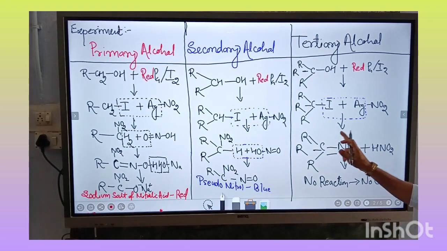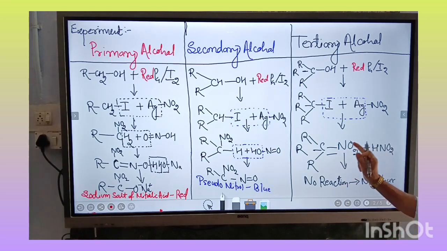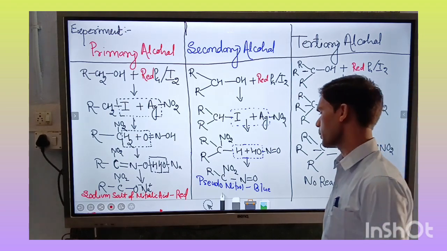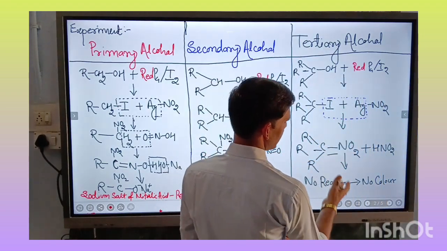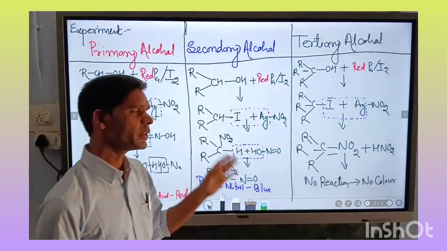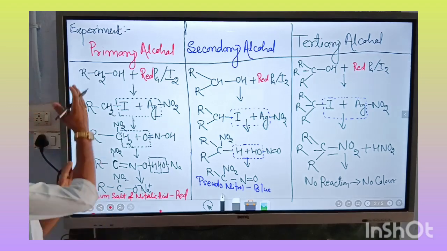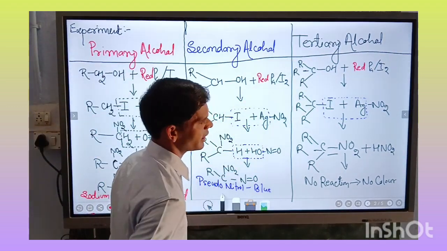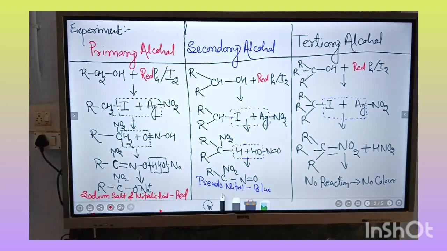And if there is no acidic hydrogen, nitrous acid does not react with nitroalkane, and if there is no reaction, it does not give any color. It means it is colorless. So in this way we can differentiate primary, secondary and tertiary alcohol.